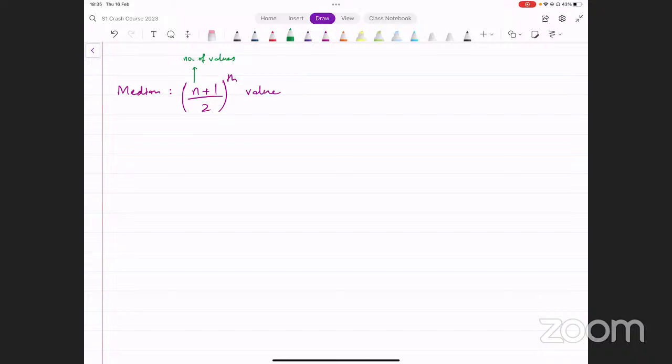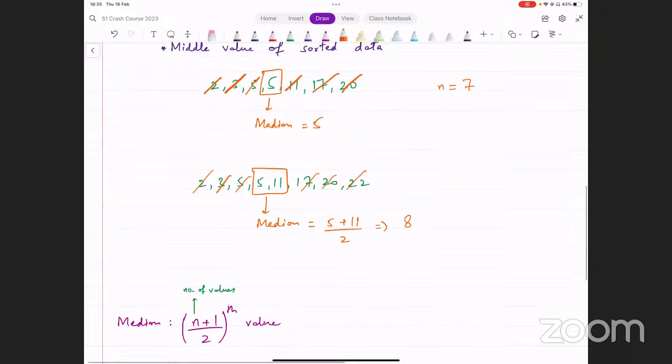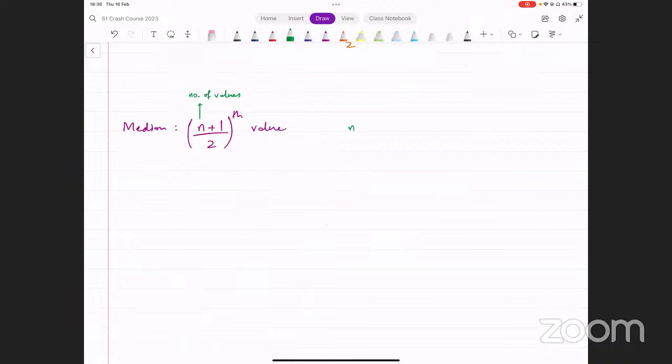All right. Now, let's use this on both of those examples that we did earlier. Let's use it on the first one. In that case, n was equal to 7. If you were to input n equal to 7 in this case, what does that give you? That gives you 7 plus 1 over 2.